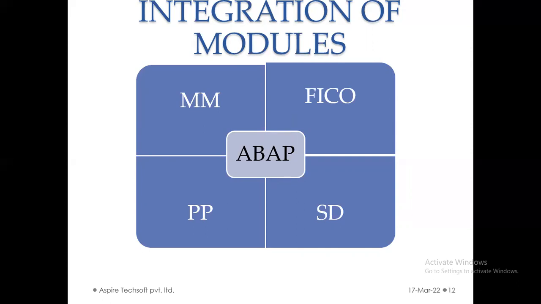On the basis of the sales, the production planning team will work on it. They will make the strategy for the production, and they will produce the quantities which are required on the basis of the sales. Now, here the integration of SD and PP is there.